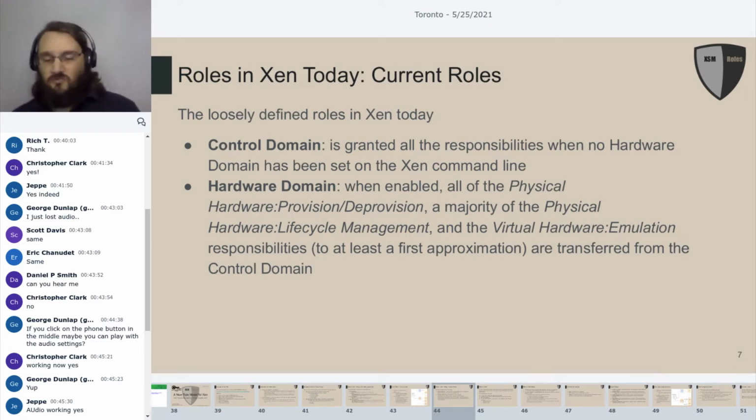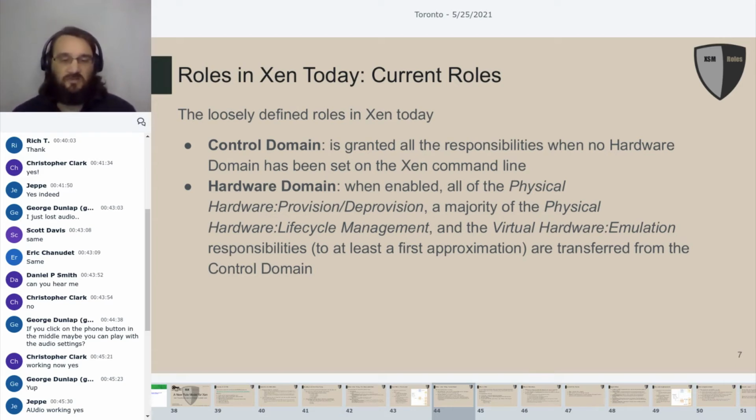So when we start to walk down deeper, right? We know what the general roles are. We see how XSM is hooked into the system for the dummy policy. Now we look at what that dummy policy did in terms of what a control domain can do and what a hardware domain can do. You see that you have this mapping that today the control domain is granted all responsibilities when no hardware domain is present.